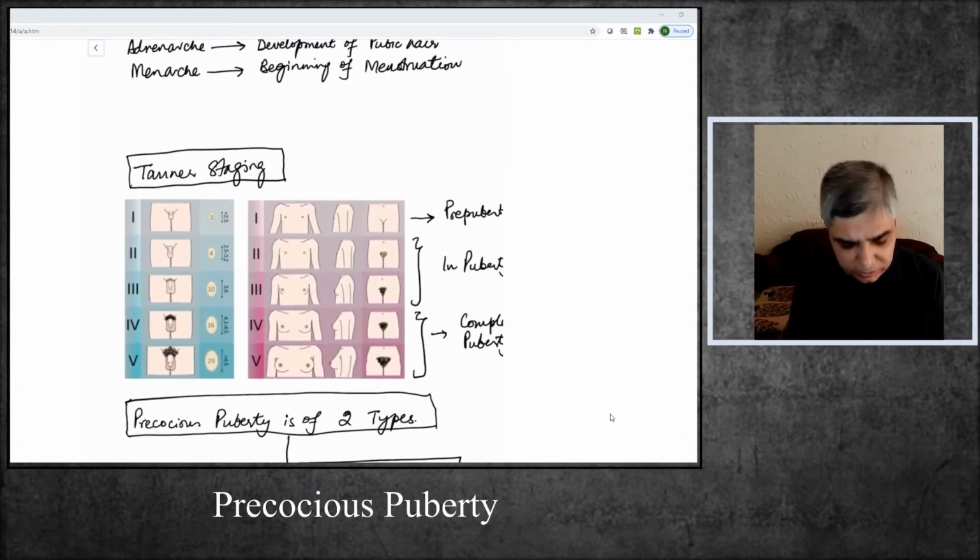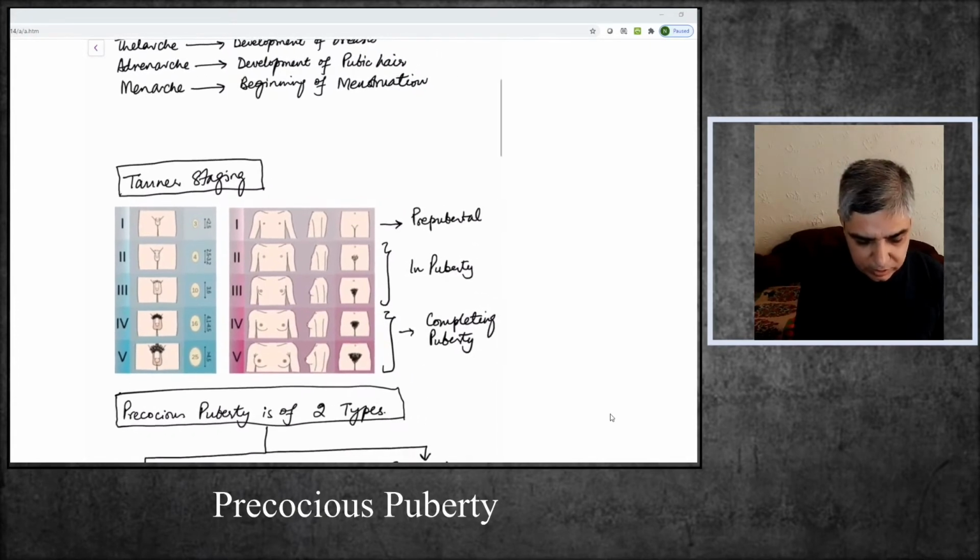Tanner staging is used for staging puberty both in boys as well as in girls. There are 5 stages of Tanner staging, from 1 to 5. Stage 1 is prepubertal, and stages 2 and 3 are commonly known as the stages in puberty.